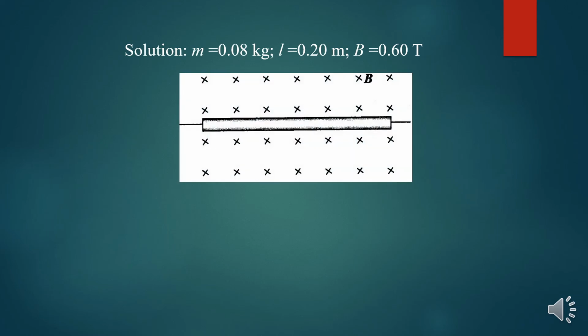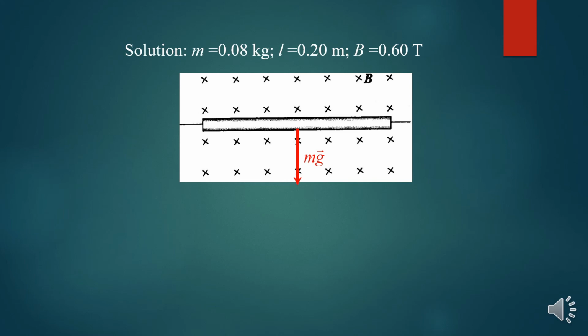Now the solution. From the question, the mass of the rod is given, 0.08 kilogram, and the length of the rod is also given, L equal to 0.20 meter, and magnetic field equal to 0.60 Tesla. This is the diagram related to the question. From the diagram, we know that the weight of the rod is always directed downward.